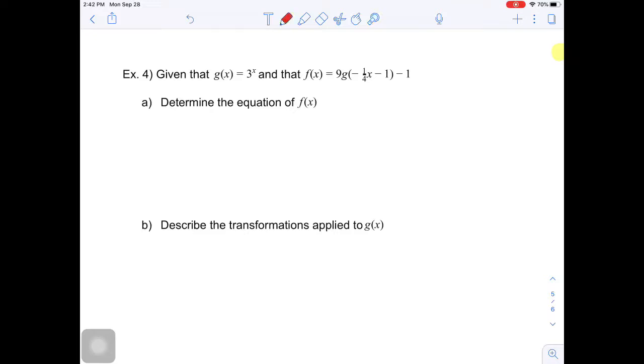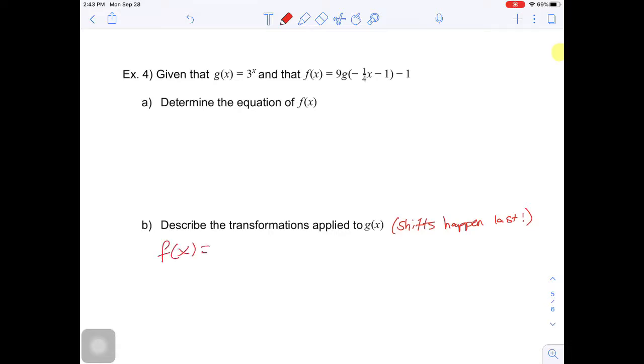Now, some things to remember. Shifts happen last. So when we go through this, I'm going to talk about the shifts, or the translations, last, because that's the last step you have to do. Another thing to remember is I'm already looking here and I have an issue. X does not have a +1 coefficient. So I'm going to rewrite this by factoring out this -1/4.